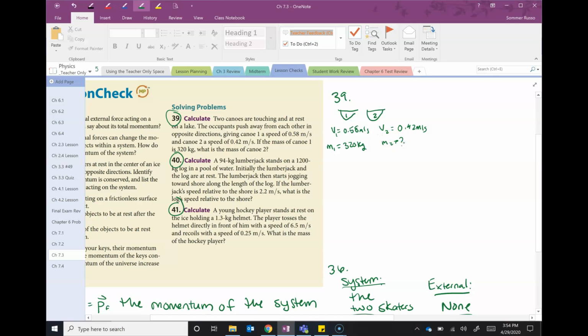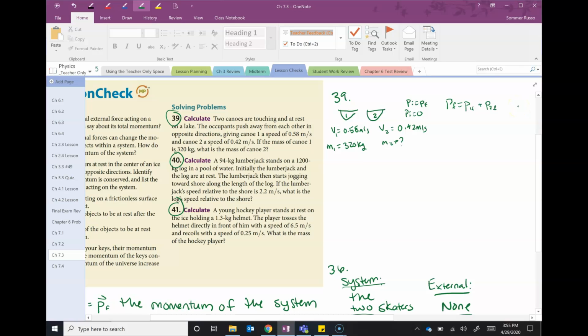Well, we're looking at the conservation of momentum here. That states that the momentum before is equal to the momentum after. The momentum before is zero because they're stationary, so P_i is equal to 0. Our P_f in this case is the momentum of the individual canoes, so that's P1f plus P2f.